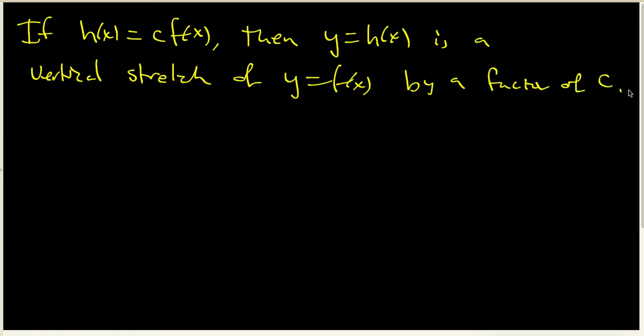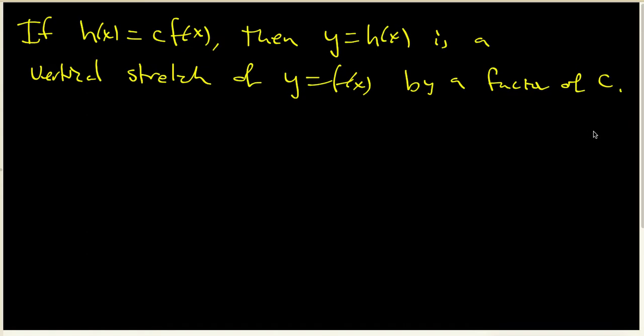Now, some things that I want to say verbally without trying to draw too many pictures. It turns out that if c is smaller than 1 in its absolute value, that stretch is really a squash. If c is negative, we have a flip over the x-axis as well as a stretch or a squash.